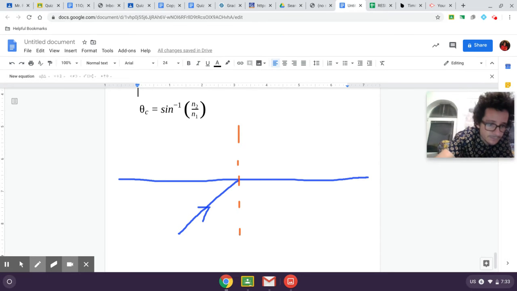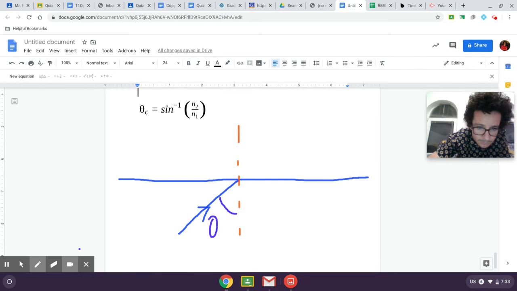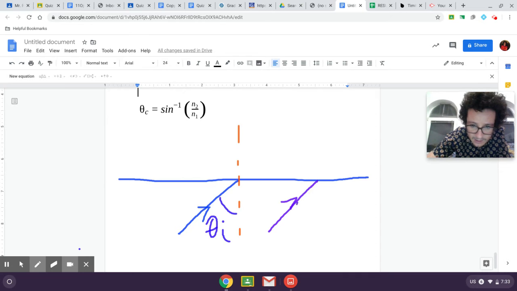Okay, so yeah, this is going to be the angle of incidence. But if we want to know if we're going to have total internal reflection or not, we have to first consider that we have our ray that is going to be the ray that has the critical angle.